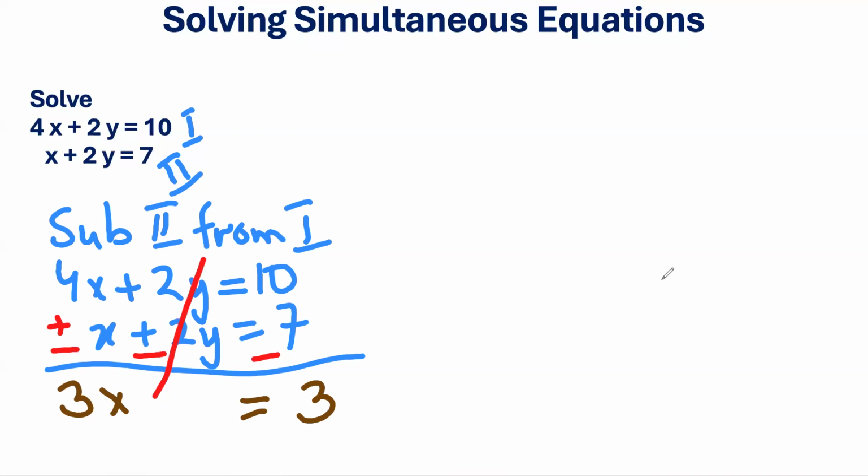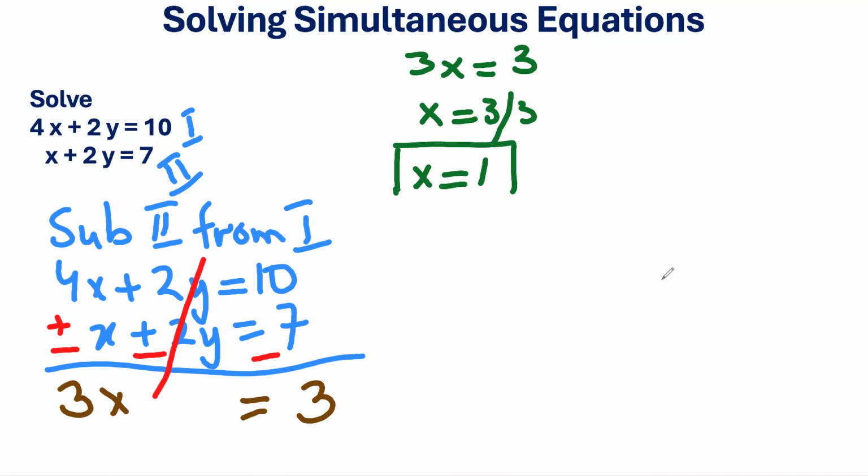Solving it further, you will get 3x equals 3. So what is x? 3 by 3 will give you 1. X equals 1. You found x.